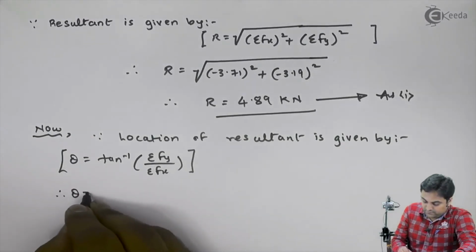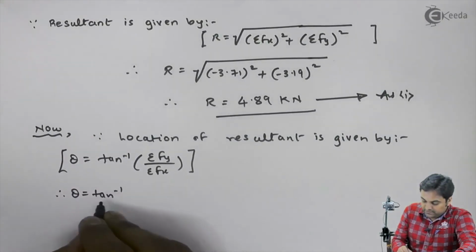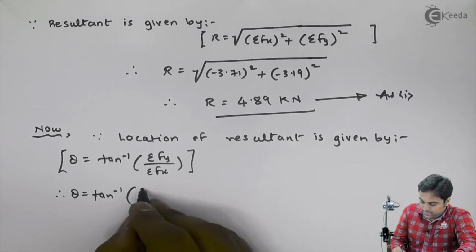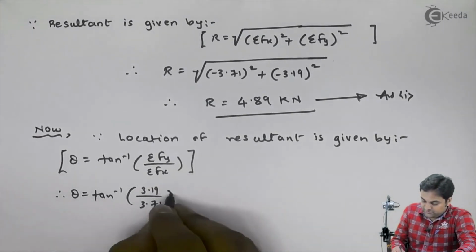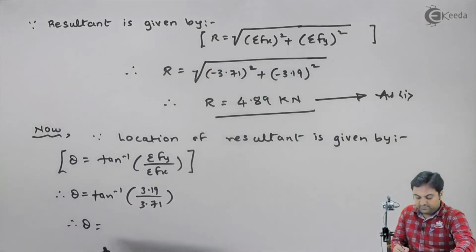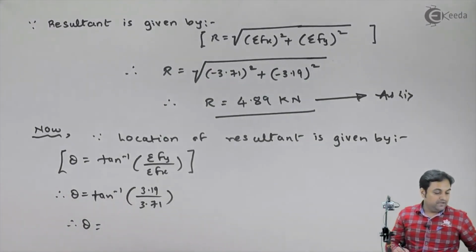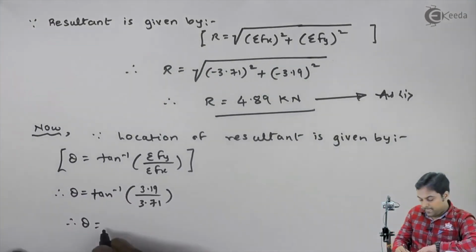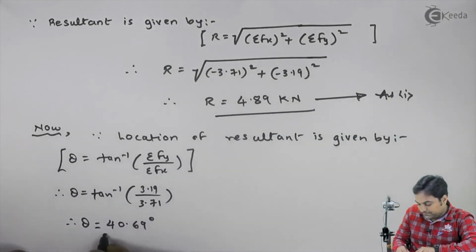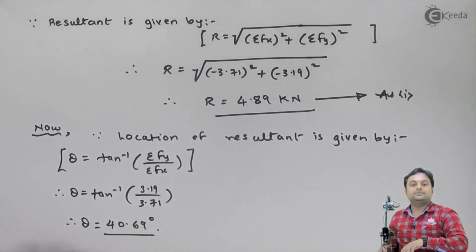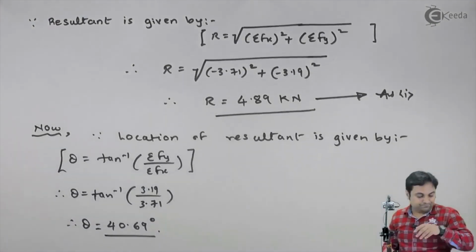Therefore, theta will be equal to tan inverse of 3.19 upon 3.71. With this, I will be getting theta, and my answer comes out to be 40.69 degree. So that is my answer of theta.